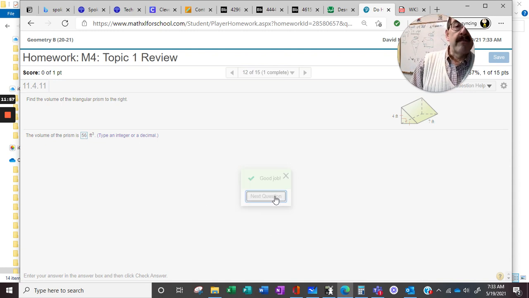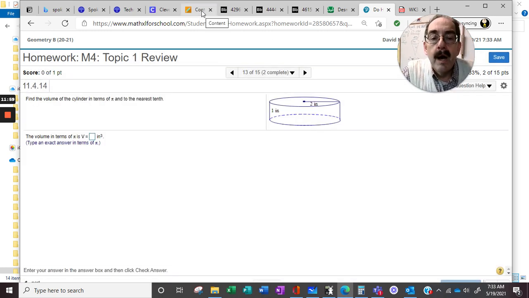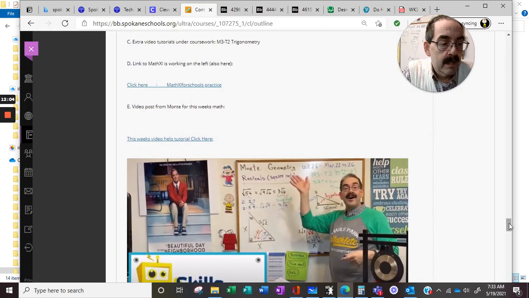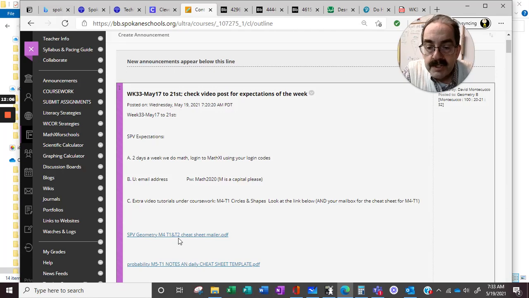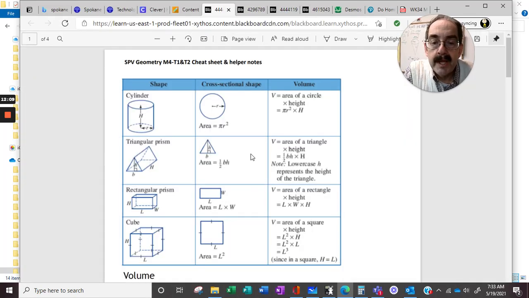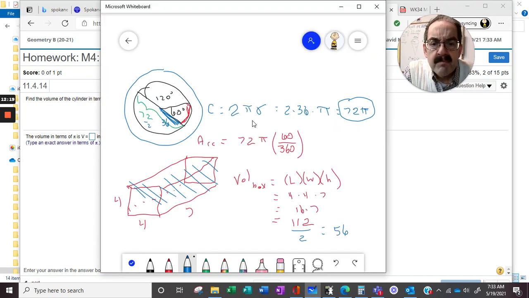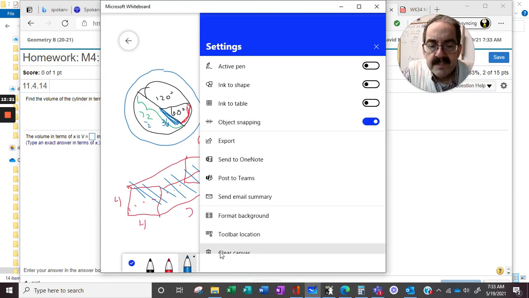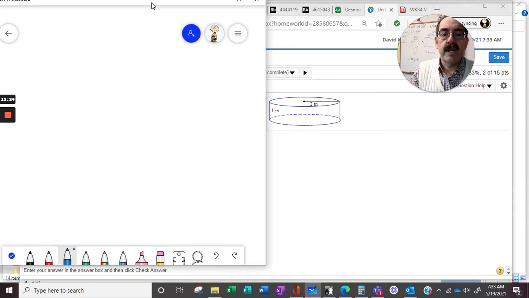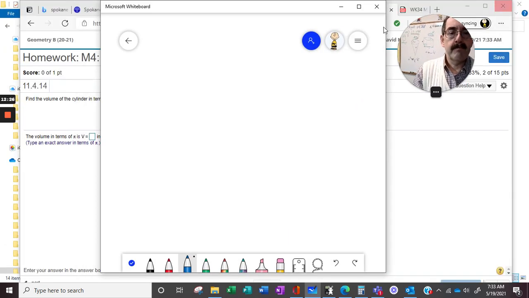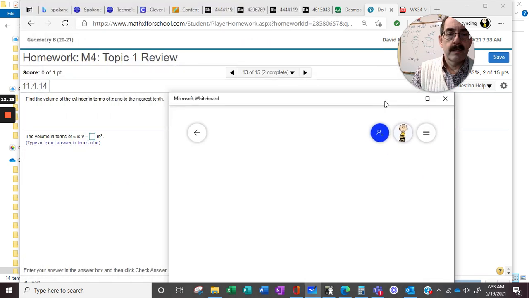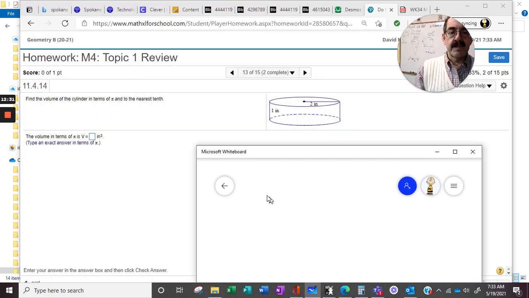Okay, good. Now, if you need any of the formulas, like this tuna fish can, don't forget, cheat sheet for a tuna fish can, okay? So a tuna fish can is just pi r squared h. Clear the canvas. Okay, so we've got this tuna fish can, right?